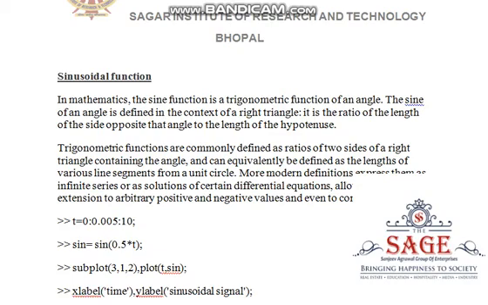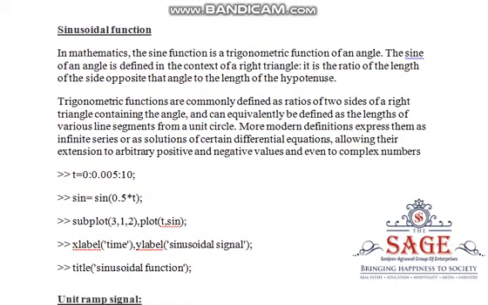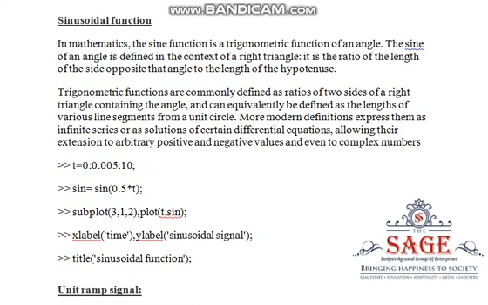Now we have to plot the sinusoidal function. In mathematics we know the sine function is a trigonometric function of an angle, and the sine of an angle is defined in the context of a right triangle. It is the ratio of the length of the side opposite that angle to the length of the hypotenuse.